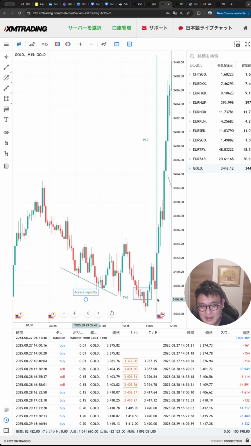So yes, you can see from our trade record here, around 15:21, we found the trend, and then we just bought, right? Here we bought the gold at this time point, which is exactly at the PCE vertical line.